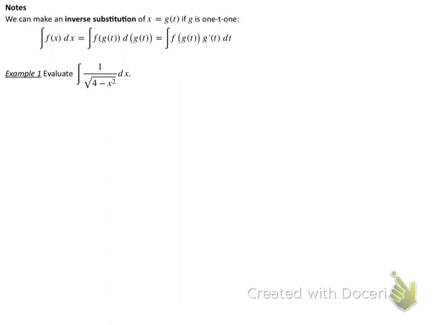Well, normally the substitution is when you look at what you have and you say, okay, I will let my u be whatever in terms of x. But inverse substitution is the other way around. We are letting x be a function of something else.